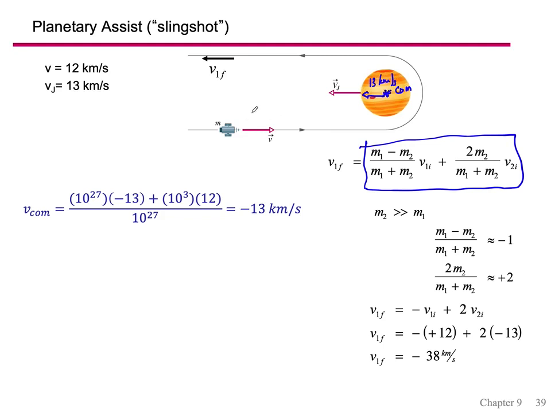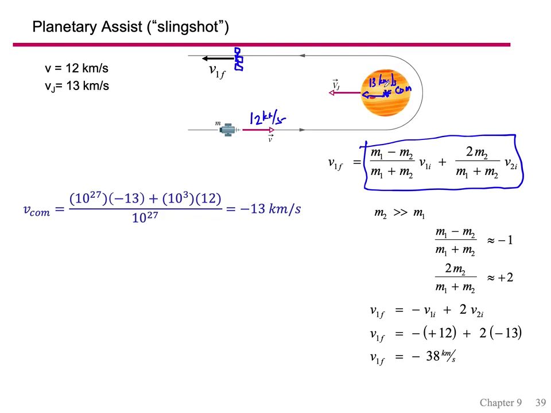If our satellite's coming in here at 12 kilometers per second, notice how fast it's approaching from the center of mass reference frame. Center of mass is moving this way at 13, satellite's moving this way at 12. They're approaching each other at 25 kilometers per second. So afterwards, what's the satellite doing? The satellite needs to be moving away from the center of mass at 25 kilometers per second.